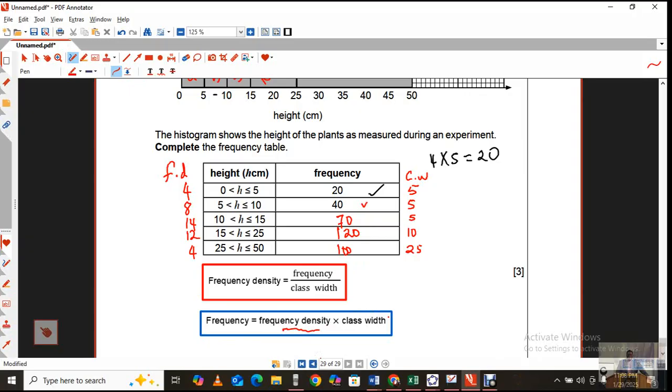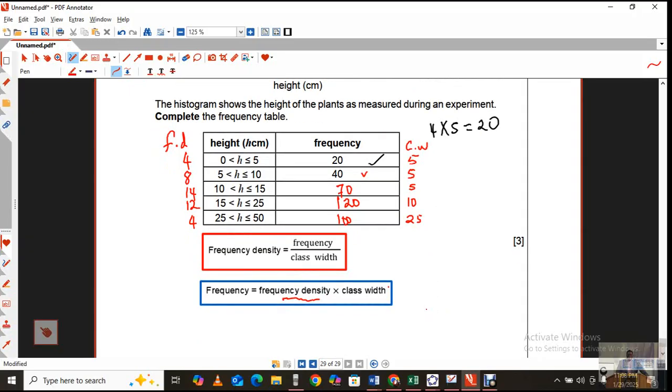All right. So if we had to take the first one, maybe I will bring in letters. So if this is A, that is B, C, D, E. The frequency for A would be the frequency density, which is 4, times the class width, 5. 20.